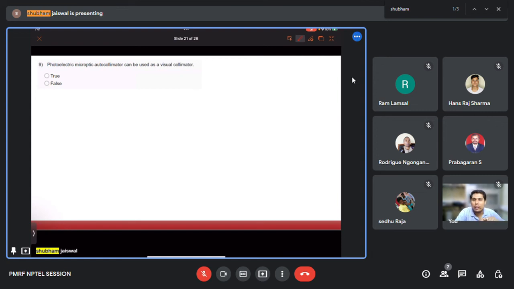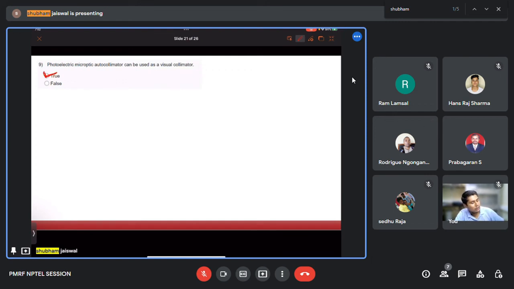The photoelectric micro optic autocollimator can be used as visual collimator. Yeah. The correct answer is the true one.